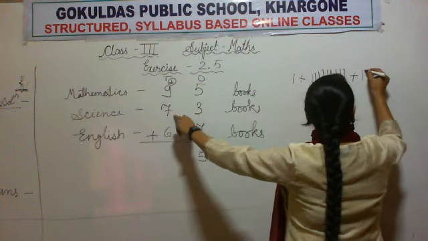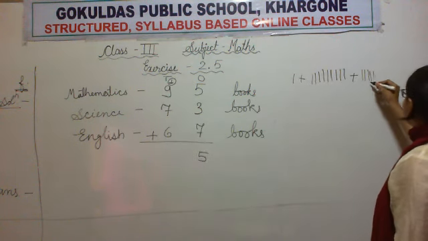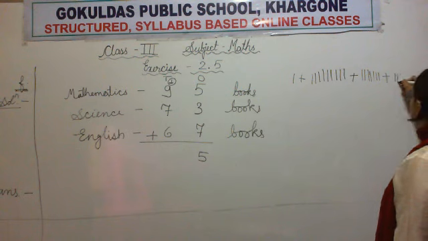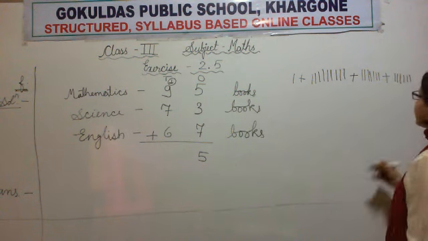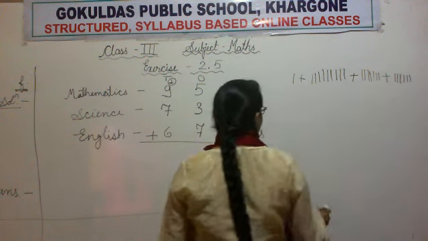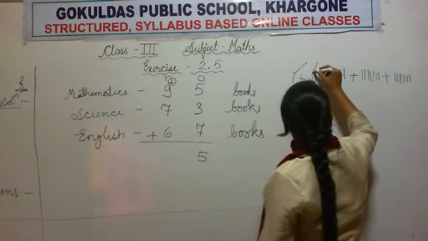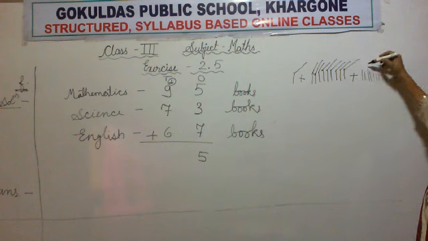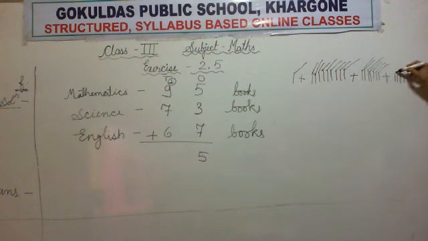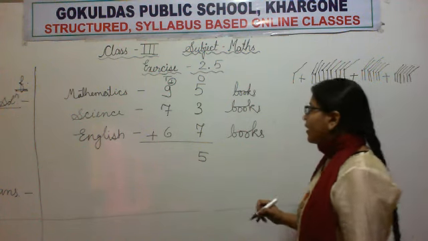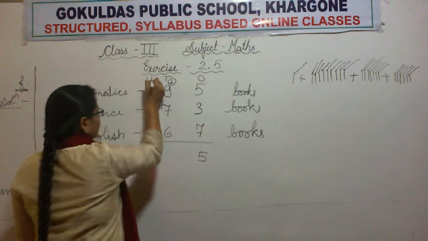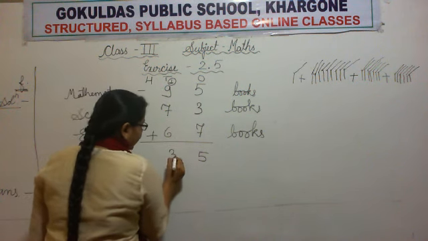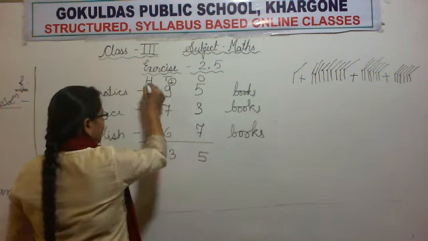Now the next number is 7 and the last number is 6. Now let's count how many sticks are there. 1, 2, 3, 4, 5, 6, 7, 8, 9, 10, 11, 12, 13, 14, 15, 16, 17, 18, 19, 20, 21, 22, 23. 23. So we will write 3 here and 2 in the form of carry.